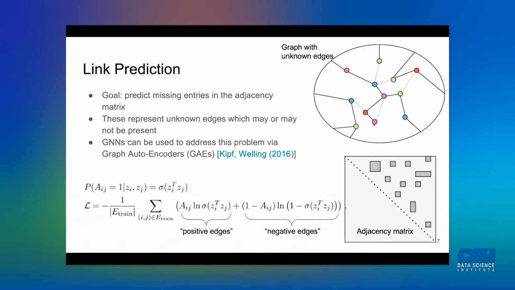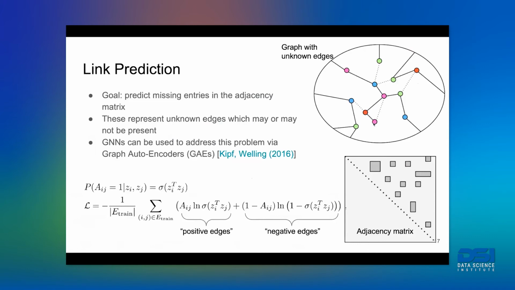And the question is to make a prediction there. If you think about this in terms of the adjacency matrix, which if the graph is undirected is symmetric, this is like saying I have a matrix of ones and zeros, but then some of those entries are obscured from me, and I'd like to predict them. So it's just a type of binary classification problem.